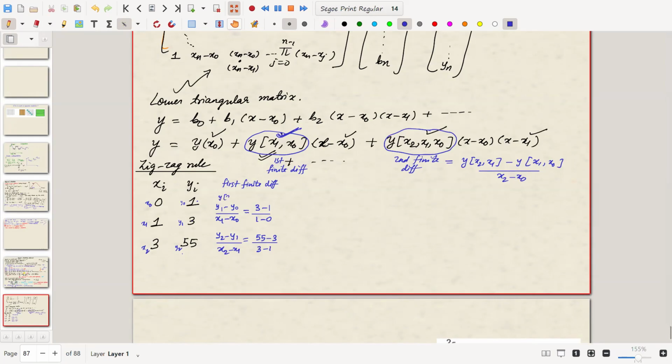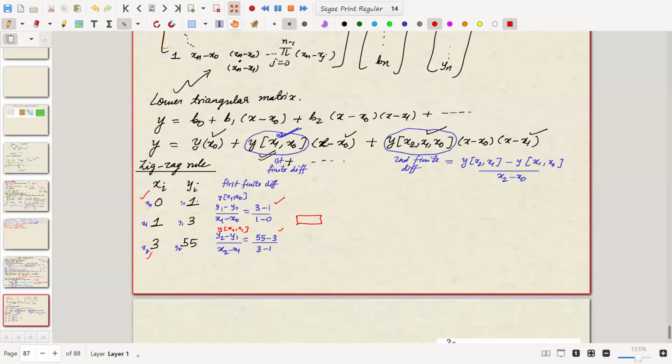This was y of x1 x0, isn't it? What is this guy here? Below I have written y of x2 x1, isn't it? Yes. Now there will be another guy here, which is this minus this divided by x2 minus x0.